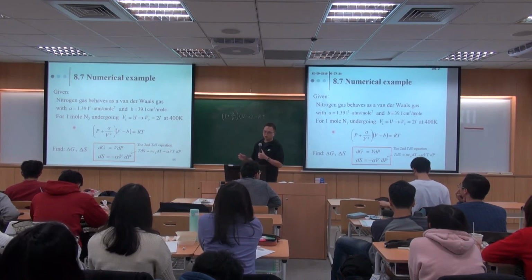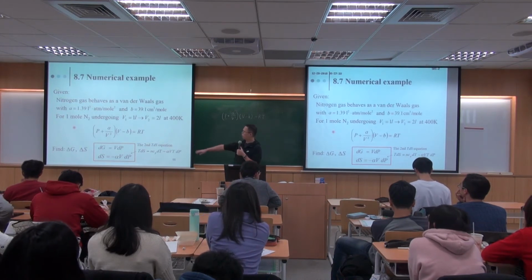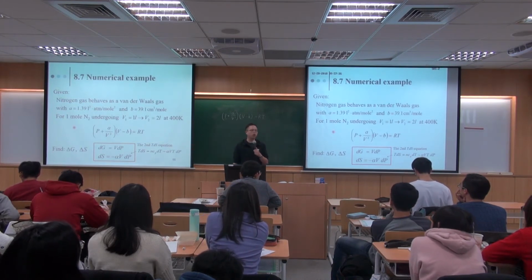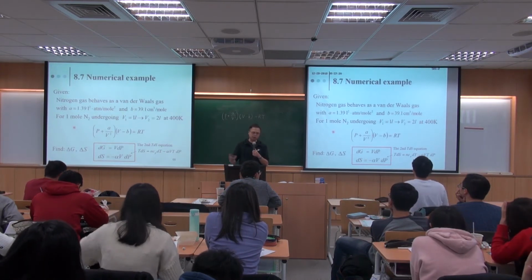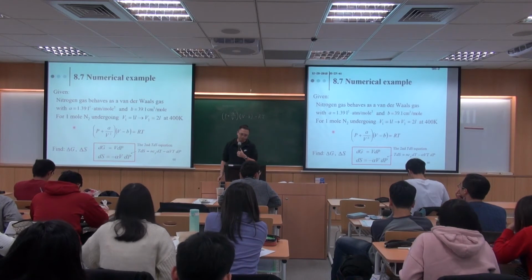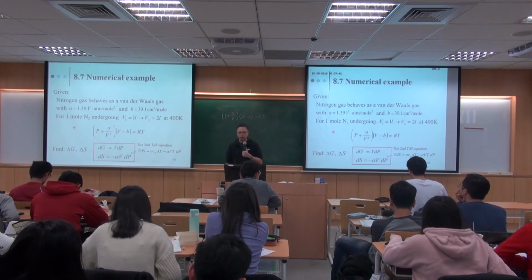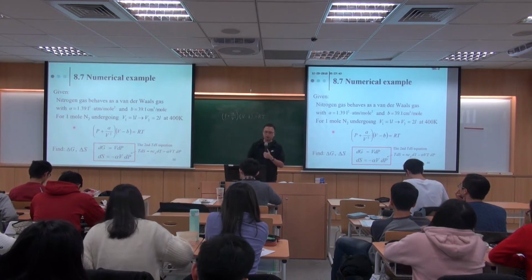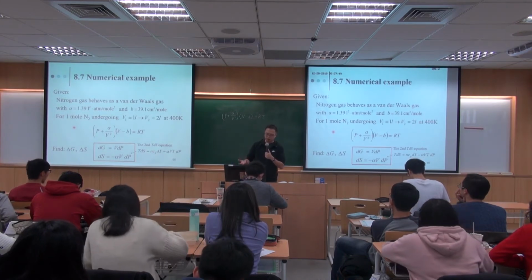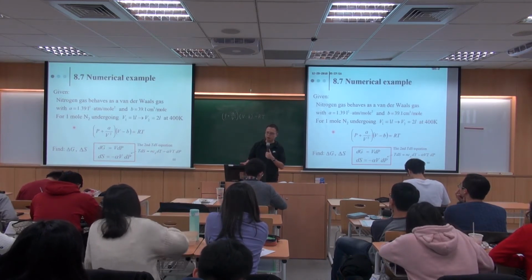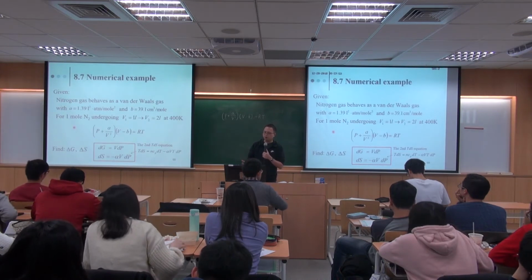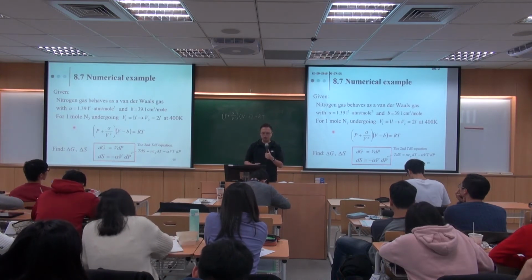The change of Gibbs free energy is much easier because we already know the expression for dG is VdP, right? We've already seen this 1,000 times in this chapter. The problem is how to calculate delta S. At the very beginning, if you don't remember from chapter 5, then it will be really hard to calculate.